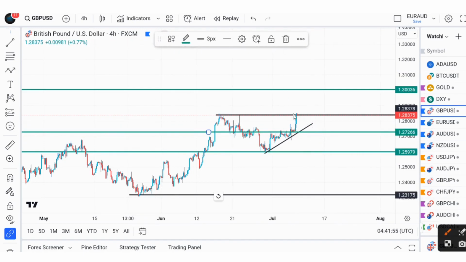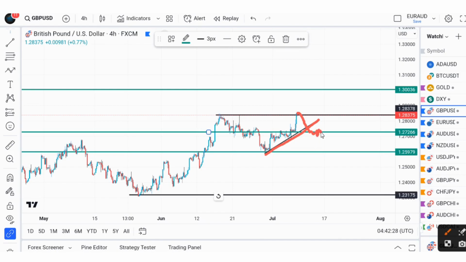What I'm looking at is a move to the upside from this particular level right here, that is from 1.27266. I'm looking for a move to 1.30036, because that's where the opposite effect actually comes into the market. But if I see a move below this trend line level, I'll believe that we have broken this trend line level to the downside.